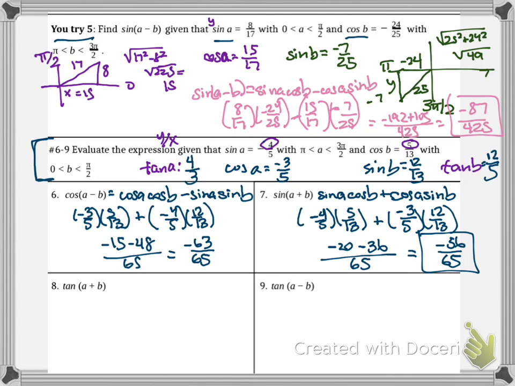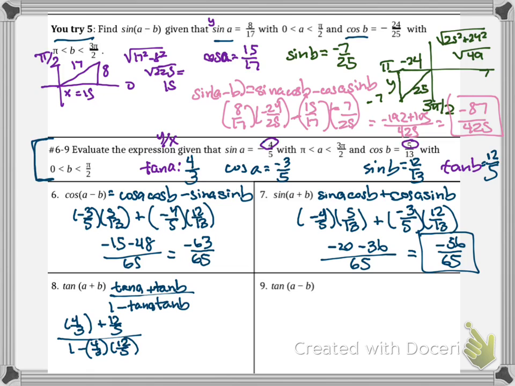So in order to do this problem right here, you would have tangent of A plus tangent of B all over 1 minus tangent of A times tangent of B. So this is 4/3 plus 12/5 over 1 minus 4/3 times 12/5.